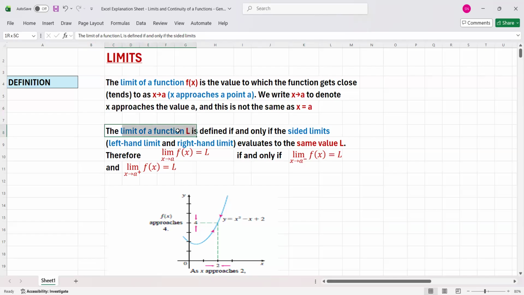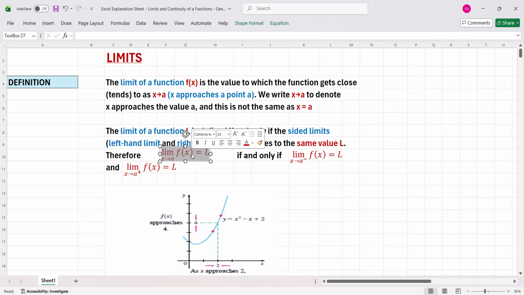So the limit of a function L is defined if and only if the sided limits, what we call the left-hand limit and the right-hand limit, when you evaluate them, give you the same value. Okay, so what we are saying is, what is the limit at, let's say, x equal to a? If we claim that the limit as x approaches a will give me a value like L, the answer is L. The answer is 10.